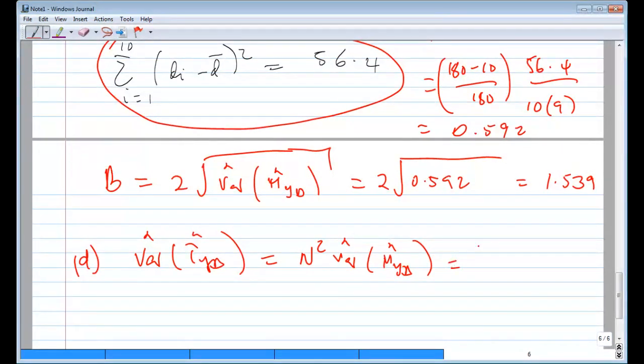So we are going to say 180 squared multiplied by 0.592.